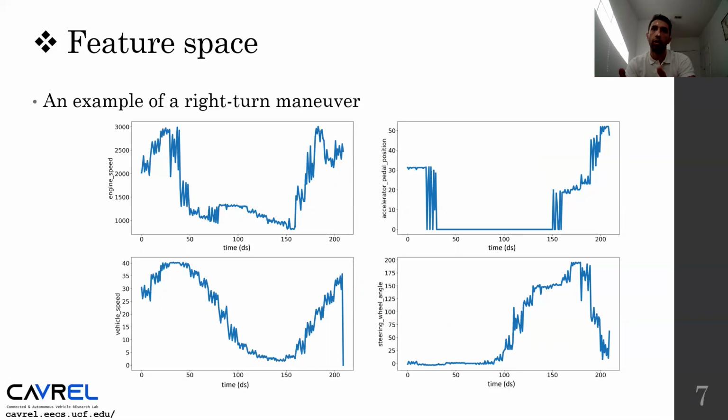For example, turning is obviously more correlated with the steering wheel angle, whereas hard brake is more correlated with vehicle speed. But what we emphasize is that this rich feature set enables classifying more accurately.